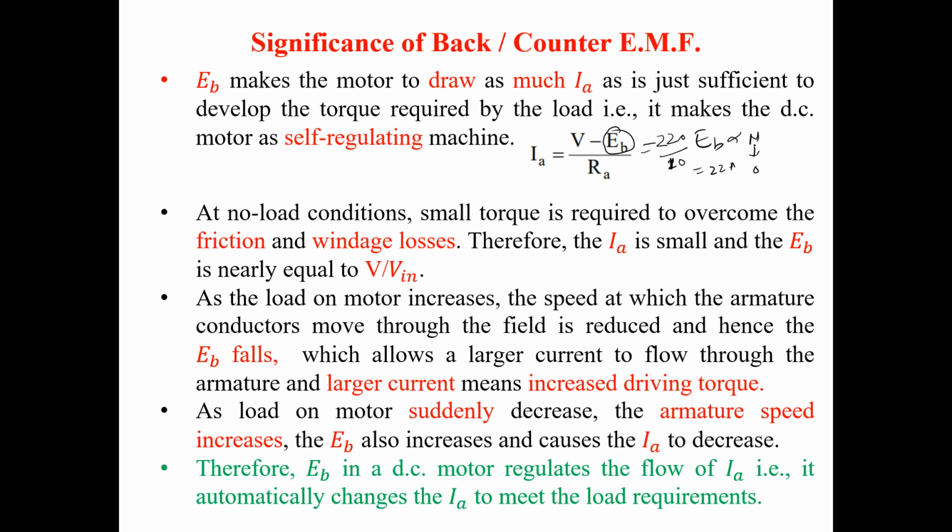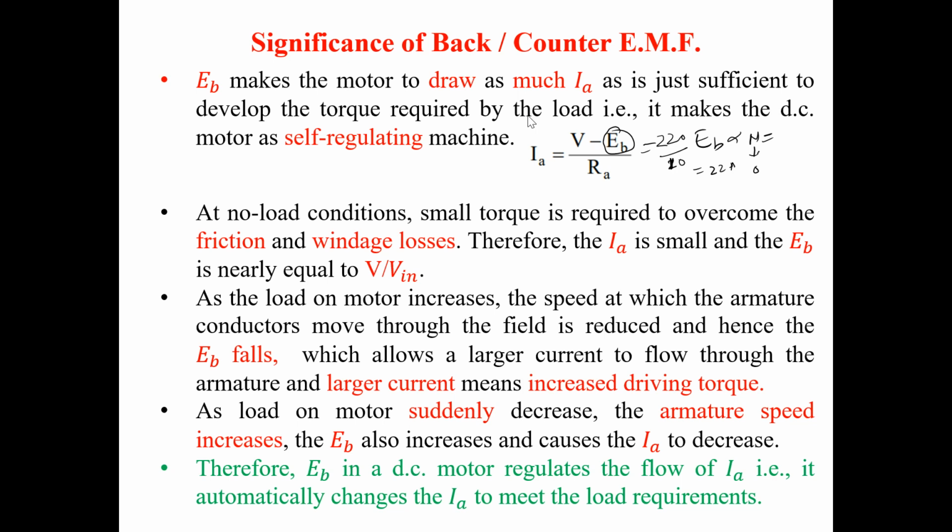As and when the motor picks up some speed, that means N has some value, this 220 minus EB will reduce by some value, and it will reduce the armature current. That means the back EMF makes the motor draw as much armature current IA as is just sufficient to develop the required torque.